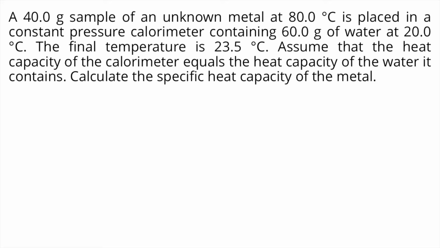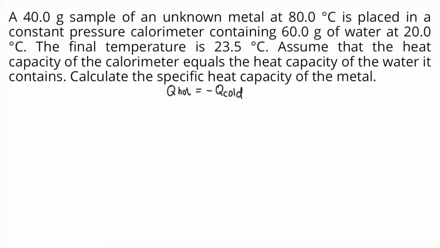Okay, so in this problem, we will be using the equation Q hot is equal to negative Q cold. So first, you will identify which one is the hot substance and which one is the cold substance.